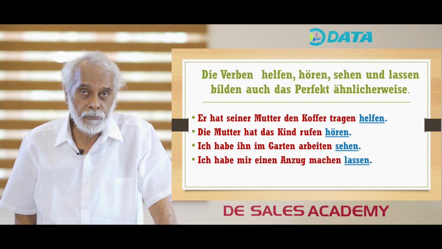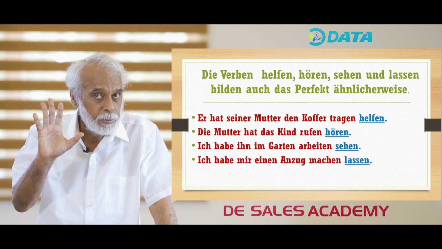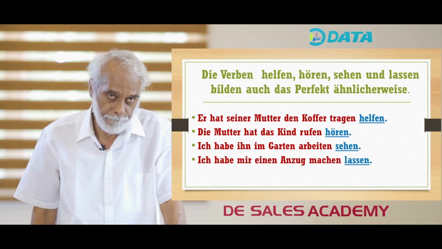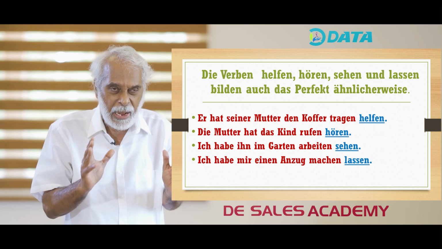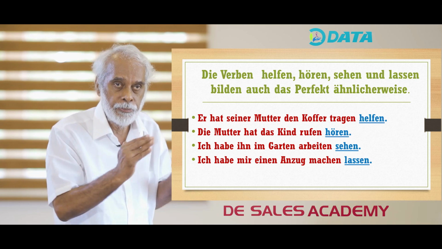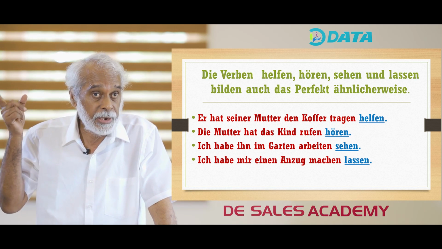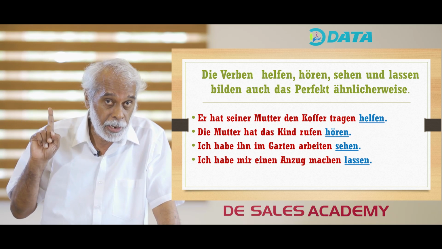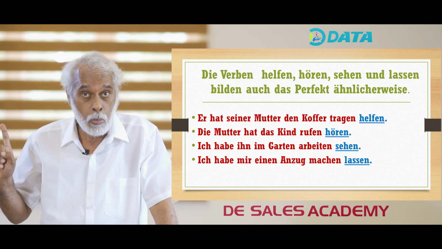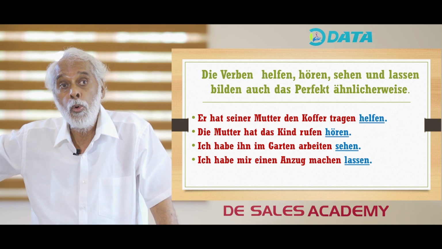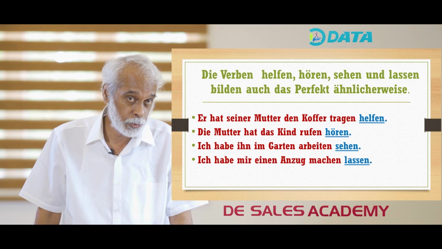But if that verb tragen were not here, that means if the helfen stands alone by itself in the sentence, then the sentence would have been: hat seiner Mutter geholfen, with participle zwei.